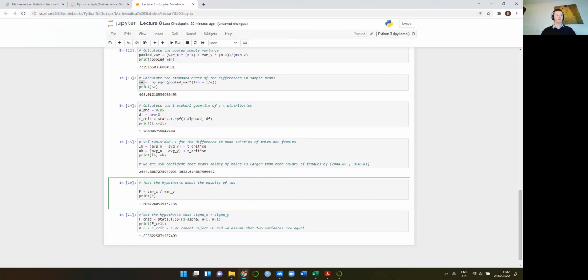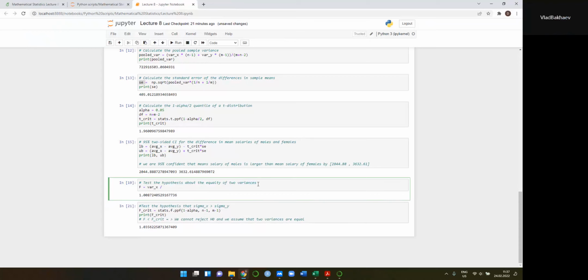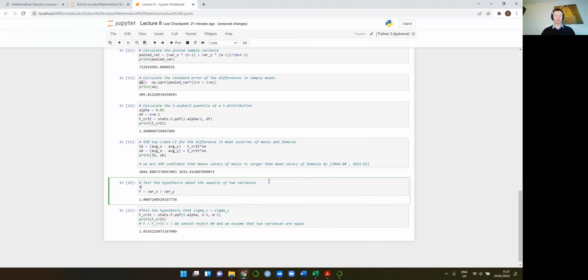Why don't you test the second boundary, the lower? Well, wait a second. So our null hypothesis is that sigma squared x is equal to sigma squared y.